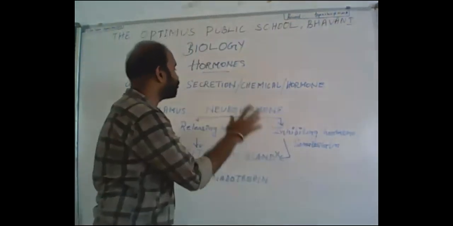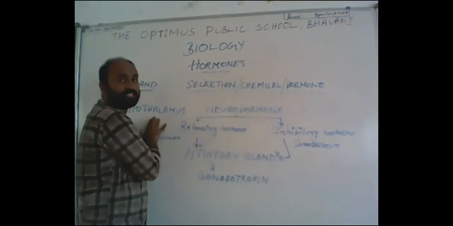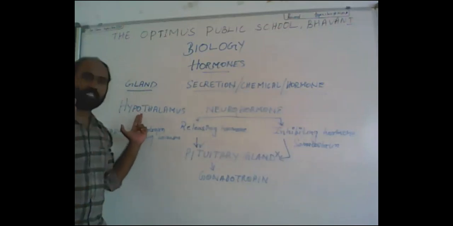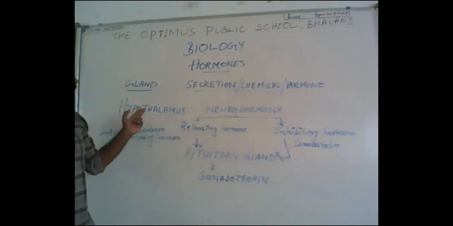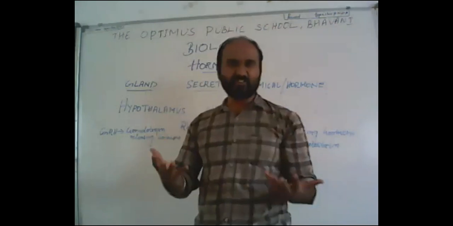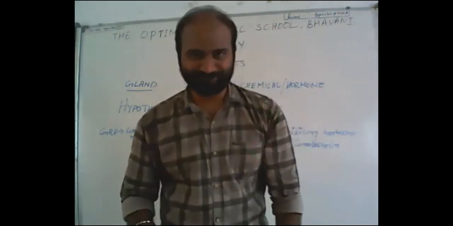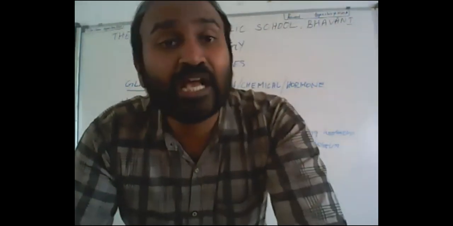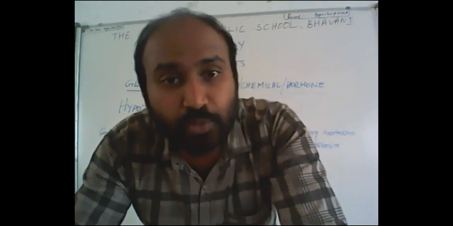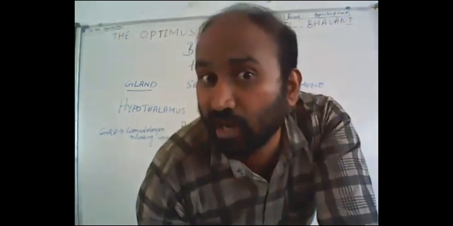Coming back here, the first gland which we are going to discuss is the hypothalamus. The hypothalamus, as I told, is located in the forebrain. The secretions of the hypothalamus are generally called neurohormones. Why neurohormone? Because the hypothalamus is part of the brain, right? Hormones released by the nervous system.